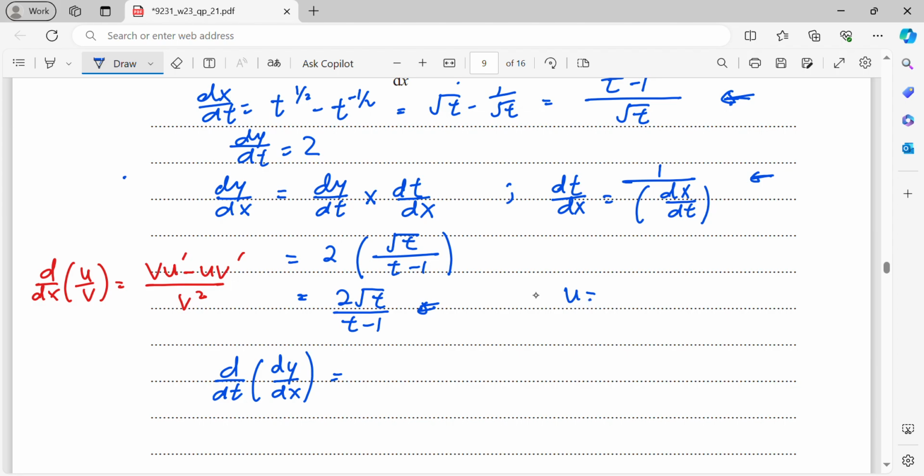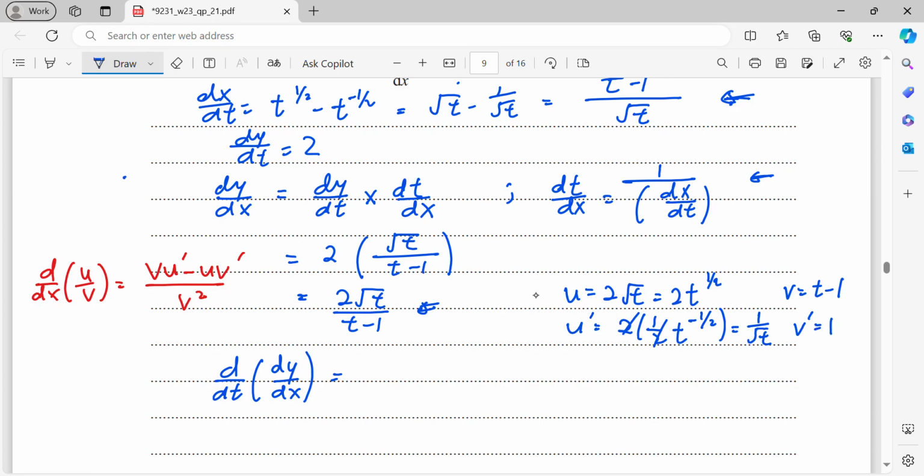So u equals 2 square root t. So my u prime, this is basically 2t power half. When I differentiate, I keep the 2, bring down the half, t power negative half. That means the 2 and half cancel, so t power negative half is basically 1 over square root t. Then my v is t minus 1, so v prime is 1.